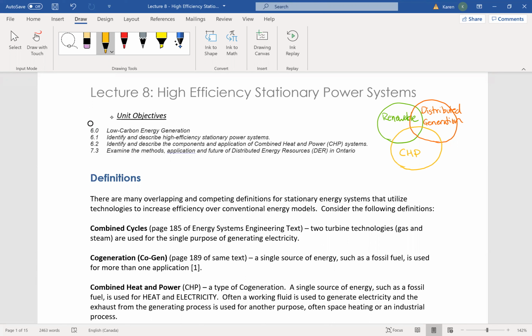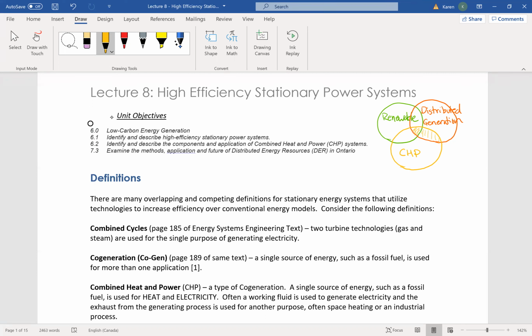So combined heat and power is a low carbon technology because it is a high efficiency way of creating electricity and heat. It sort of intersects a little bit with renewable in that we are capturing some heat from it, and CHP is a specific distributed energy technology, and somewhat has a renewable component in it.